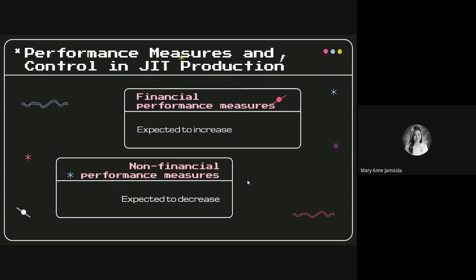So, if we are to implement a JIT production system, some indirect costs might be reclassified as direct because the implementation of such system will help us directly trace some of the cost to the product. Okay, so that is for JIT.